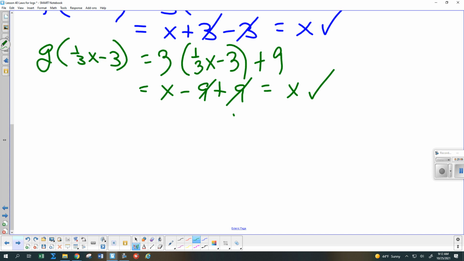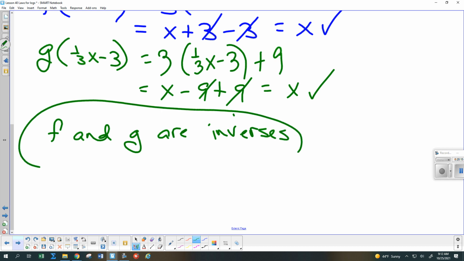So therefore, we write down f and g are inverses. If I did f of g of x and I got 2x minus 1 and felt confident in my work, I could jump straight to f and g are not inverses and not have to calculate the other composition. Anybody with questions?